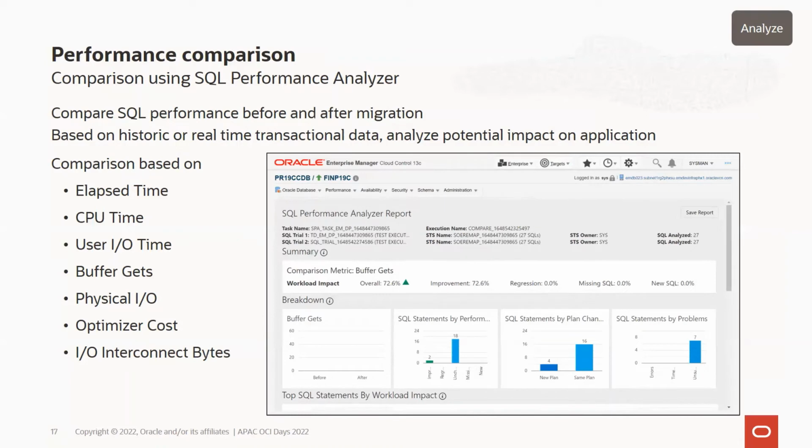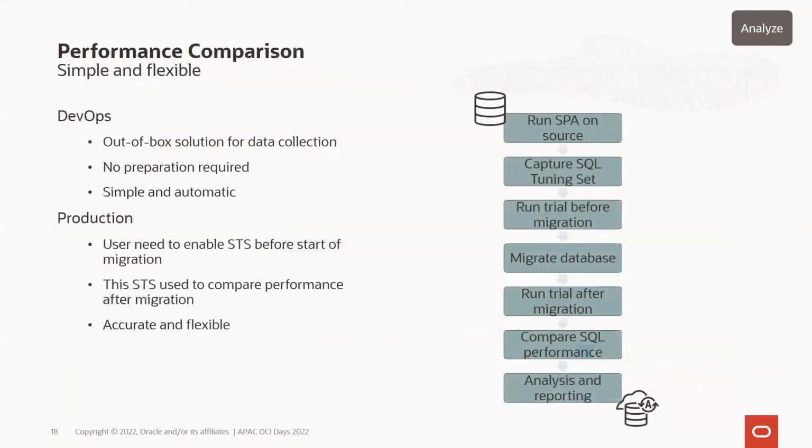Migration Workbench also supports SQL Performance Analyzer report analysis automation using REST APIs. SQL Performance Analyzer, SPA, automatically collects SQL statements from the database cache and creates a set of SQL queries called SQL tuning sets, STS. Migration Workbench supports two options to do performance comparison.